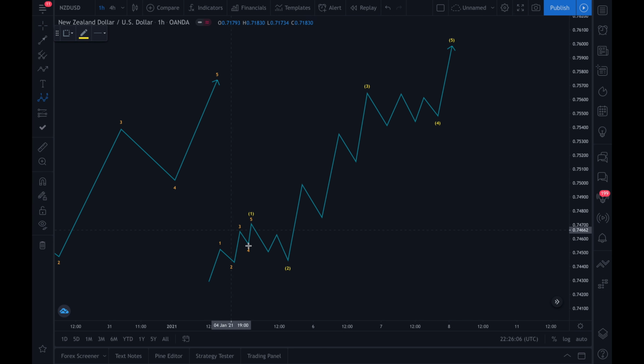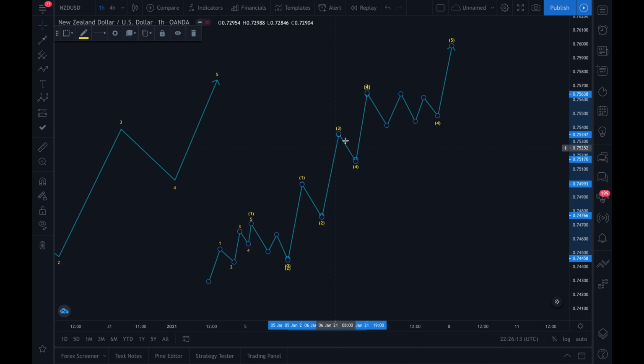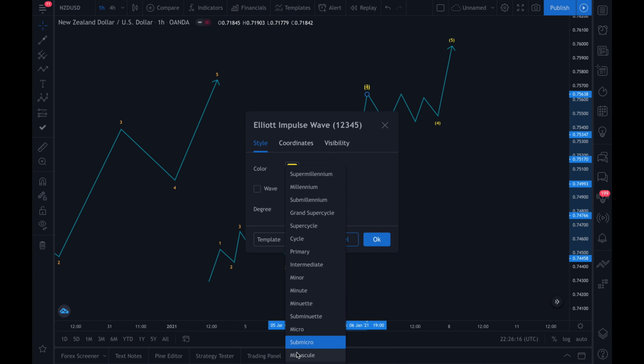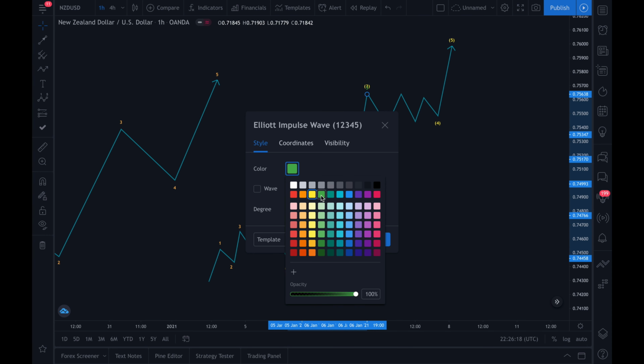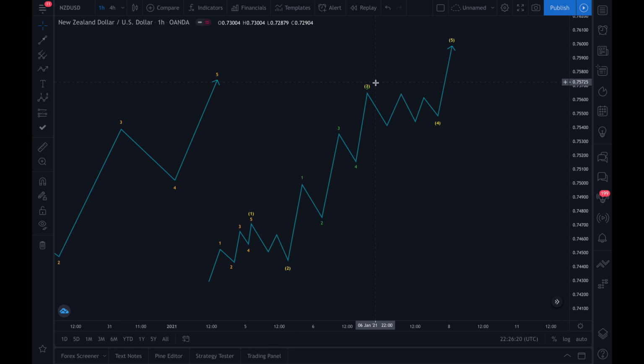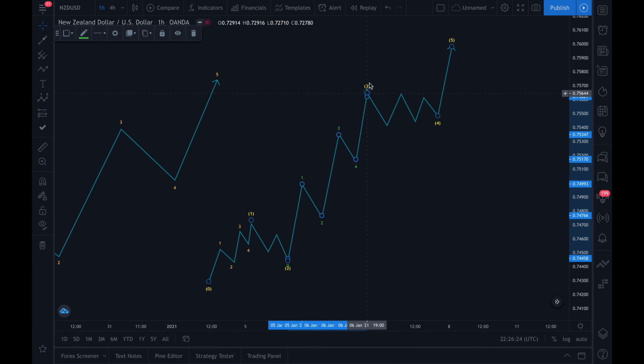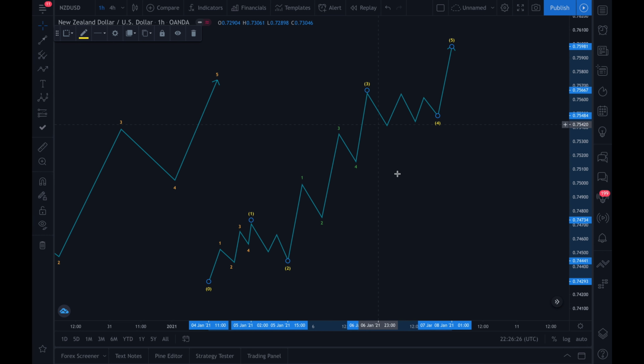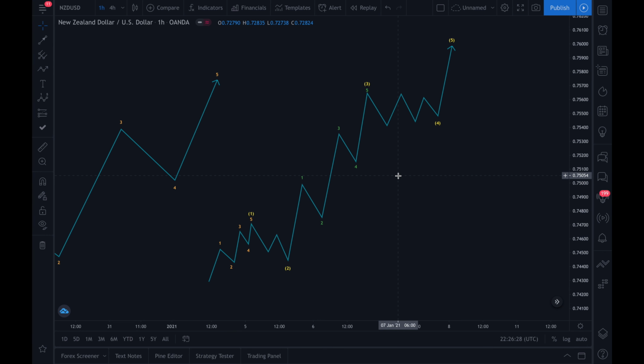Let's just mark this off as well. Let's put this green. Now, what are we doing? We're marking out all these waves.